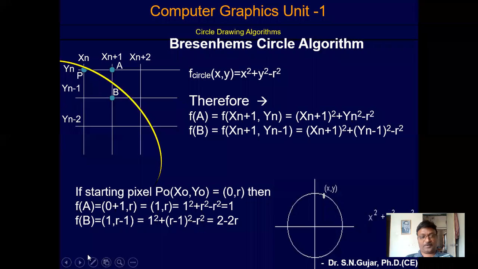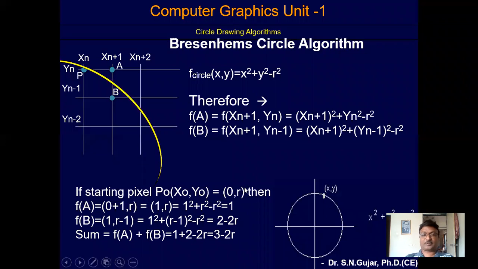After solving f of a and f of b with x0, y0 as my initial point, f of a becomes 1 and f of b becomes 2 minus 2r. What do they say to do? Not the subtraction, you have to perform the sum: f of a plus f of b.